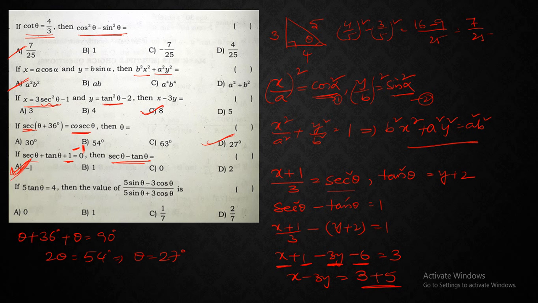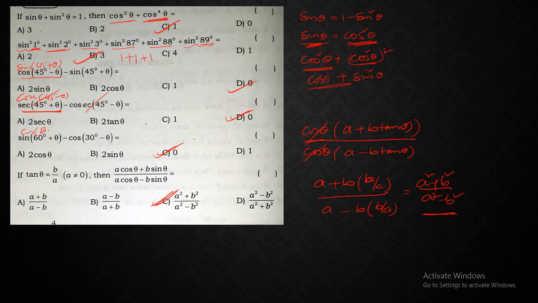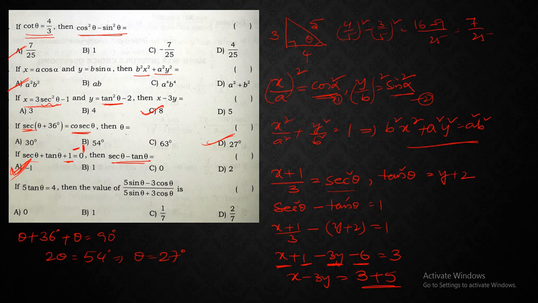So already we have done this model problem, right? So how to do this? So what we have done? So what is the formula we got here? So if you are having plus here, minus in the denominator, then you are getting a square plus b square by a square minus b square, right? So denominator square plus numerator square by denominator square minus numerator square. The same thing here also if you apply.